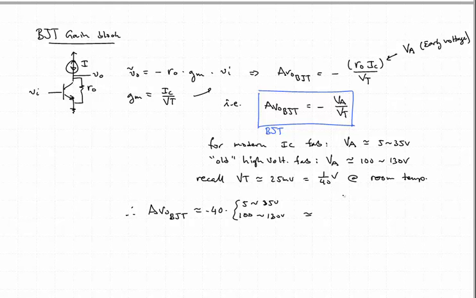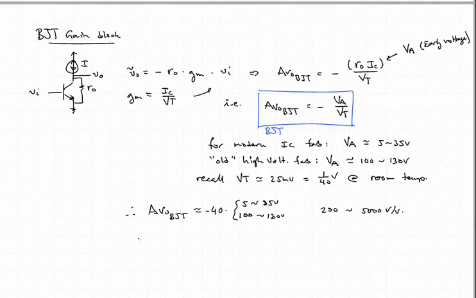So overall it's going to be between 200 to 5,000 volts per volt. And clearly the higher gain is going to be achievable with the older, high voltage fabrication. Notice that the gain does not depend on the current.